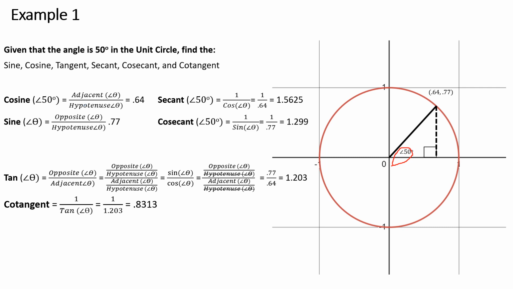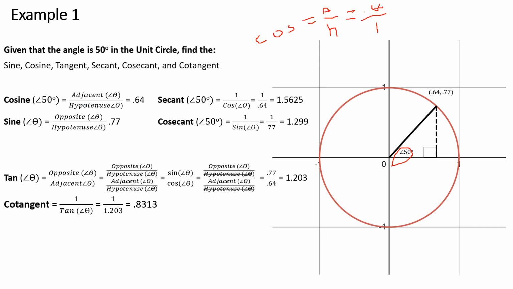Well, my hypotenuse is 1, and anything over 1 is itself, and I put in cosine of 50 degrees in my calculator, I get 0.64.